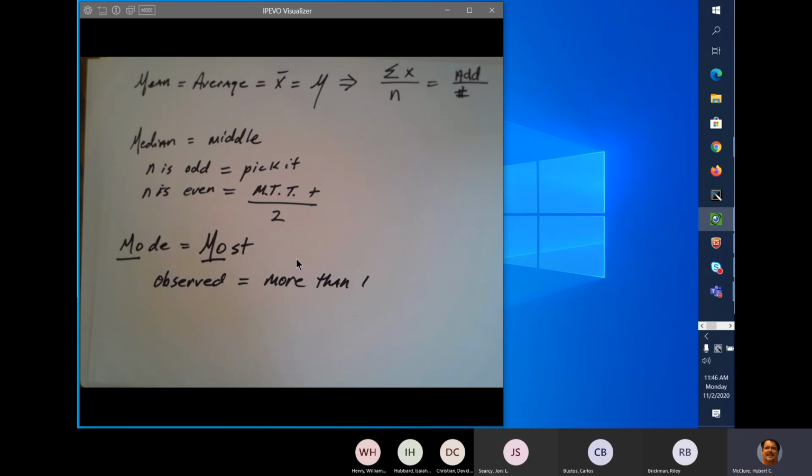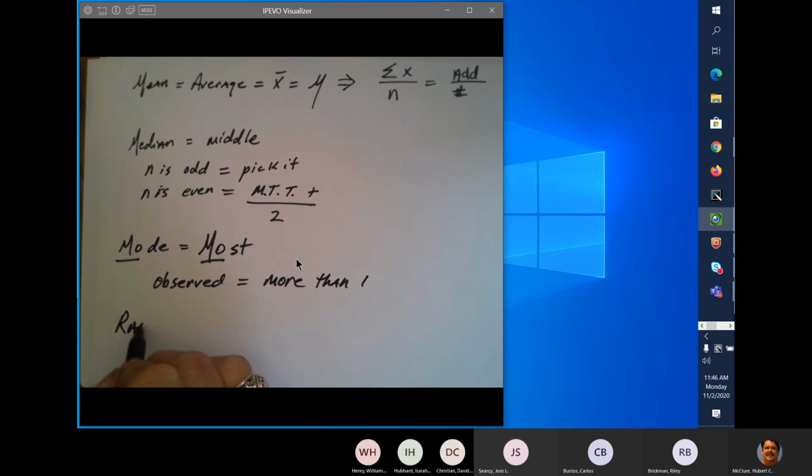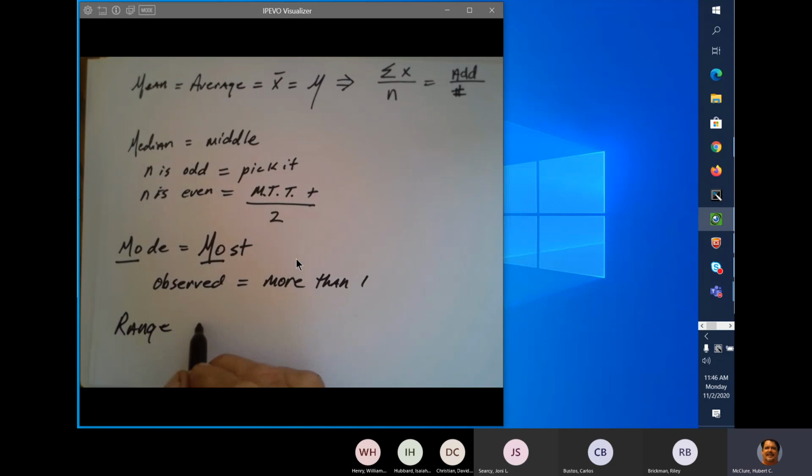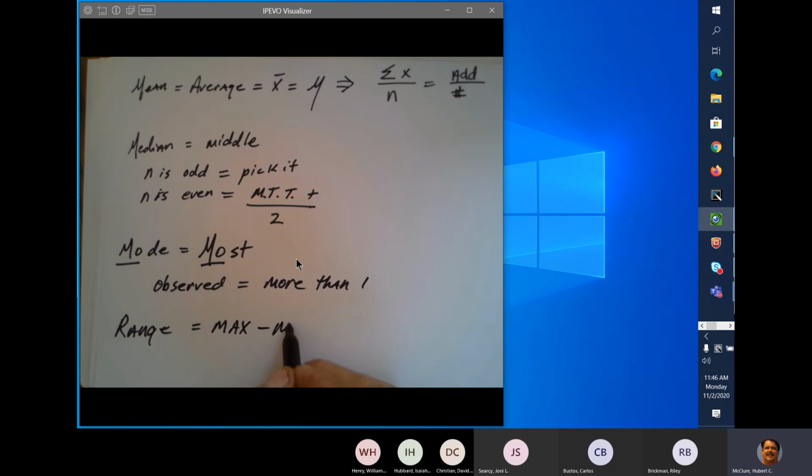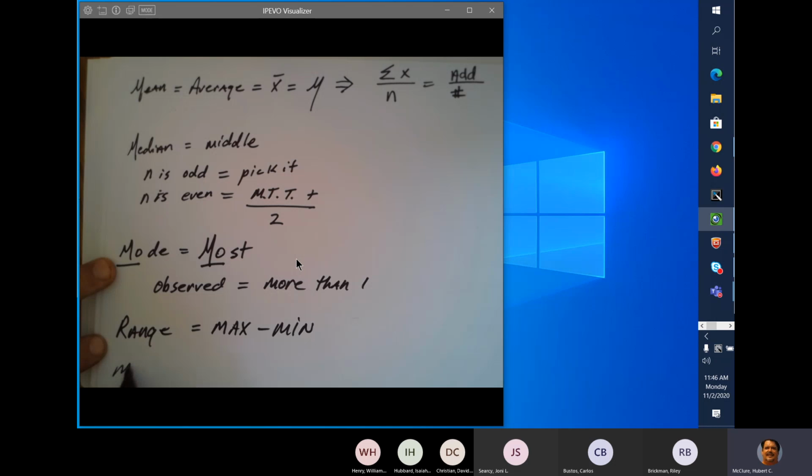Mean, median, mode, range. Range is equal to your big number minus the min, the small number. And the mid-range is equal to the max plus the min divided by 2.